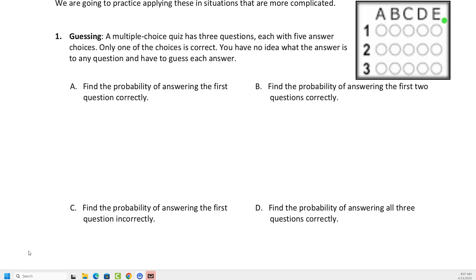This is question 1, and you can see that it has A, B, C, D, or E. You have no idea what the answer is to any question and have to guess each answer. This is going to be important, so keep this in mind.